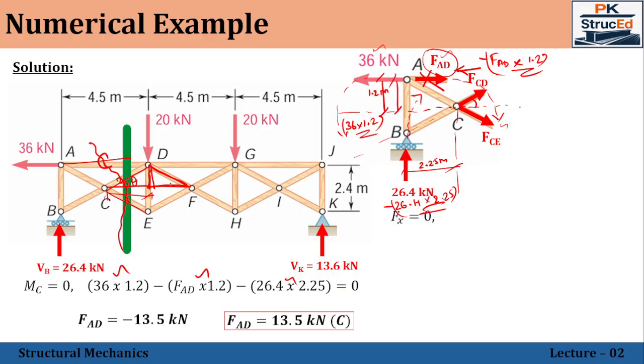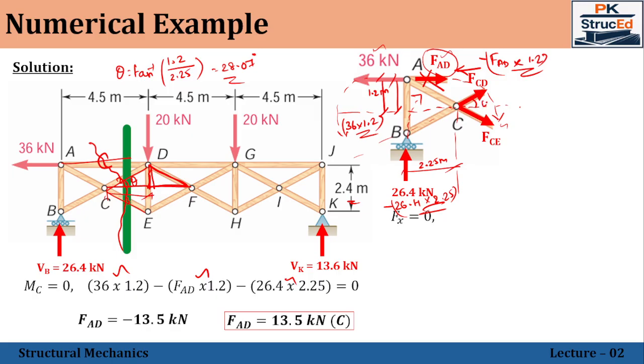The opposite side is half of this 2.4, that is 1.2, the vertical, and the horizontal is half of this 4.5, this is 2.25. So theta is equal to tan inverse of 1.2 over 2.25. That gives the theta value as 28.07 degree. Now this value can be applied anywhere.